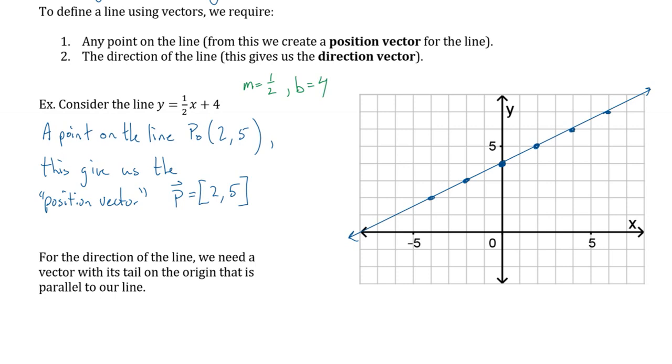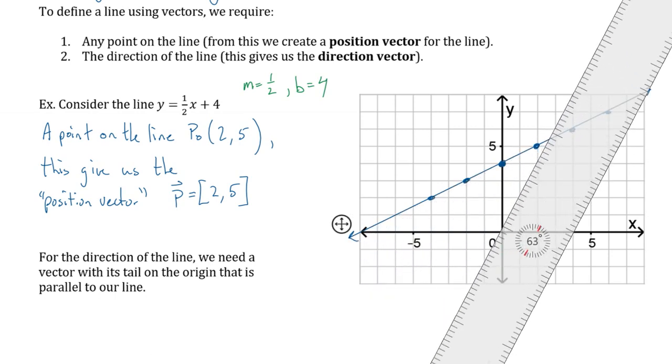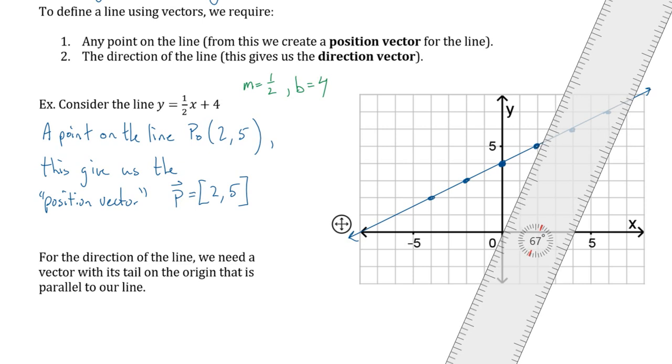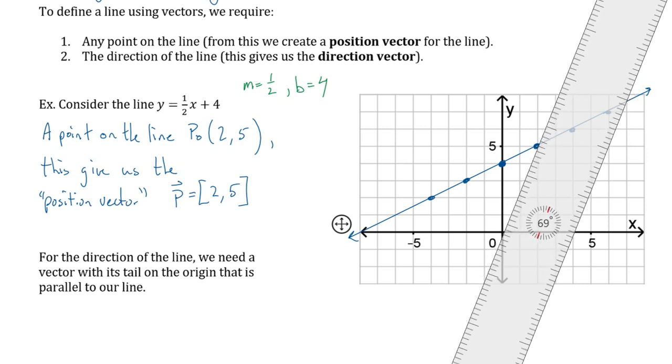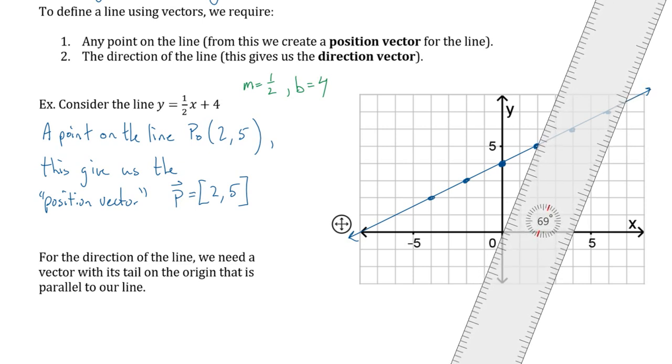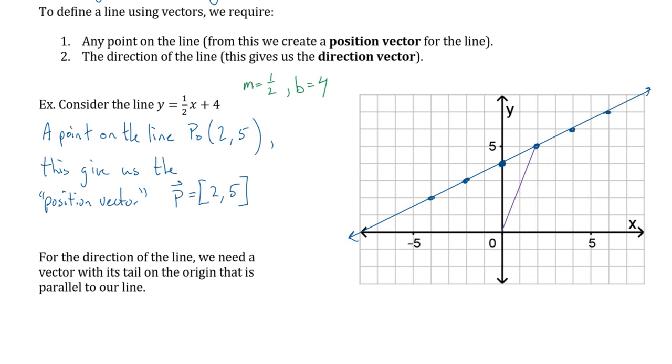Now remember, it's going to be important: vectors do not exist in a particular position. But what that vector notation means is if I set the tail at the origin, then the tip will be at 2, 5. So that is vector P. And again, it could have been any point.